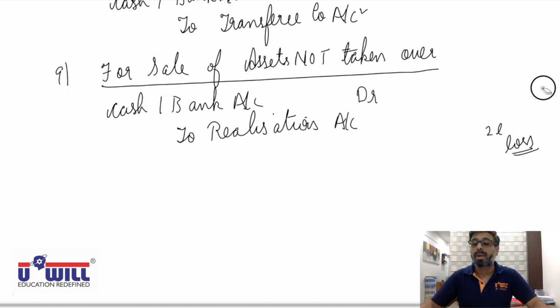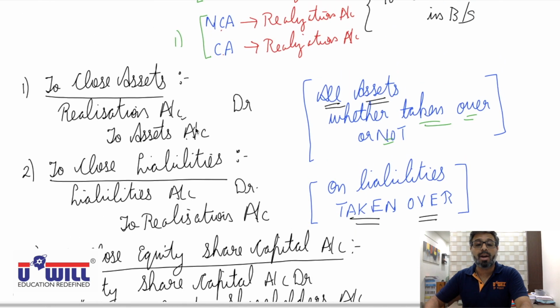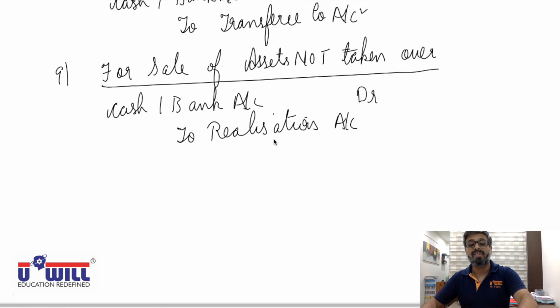Okay. So what important thing you have to remember regarding closing of assets, sale of assets. Very first, you cannot credit assets account because assets account all are already closed and transferred to realization account. So after the first entry in the ledger book of the company, there is no account of asset. They all are closed. Okay, all were transferred whether taken over or not. So instead of assets, we have to credit now which account? Realization.